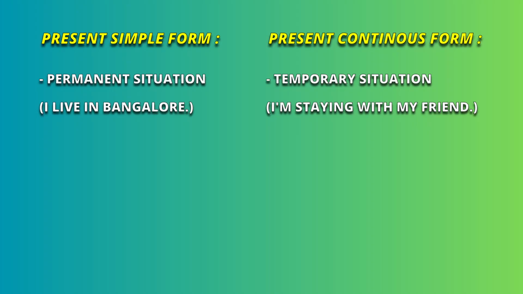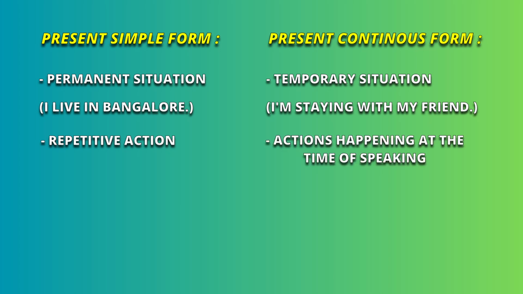Okay, so we saw the example for the temporary situation and the permanent situation. Then we use the present simple tense to talk about the repetitive actions or the schedule, or the present continuous form for the actions which are happening at the time of speaking. Another comparison is we use the present simple form for the repetitive actions and present continuous form for the actions which are taking place at the time of speaking.